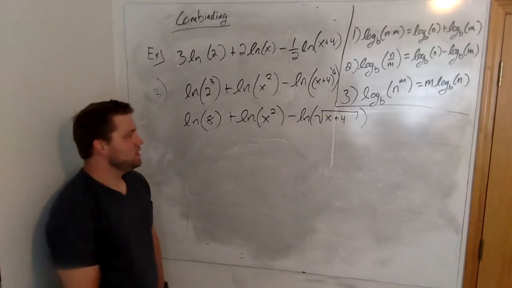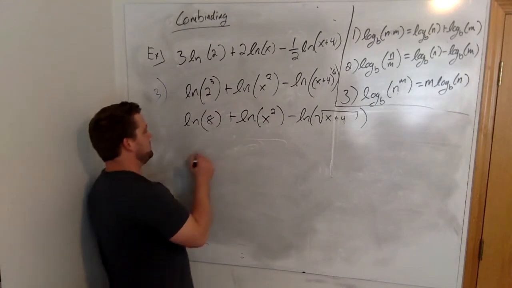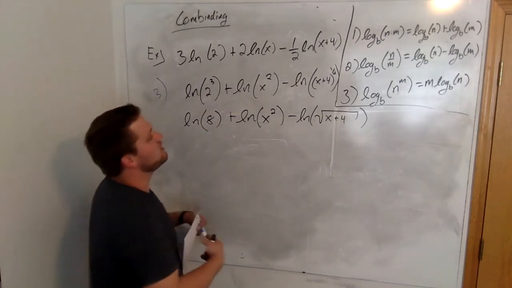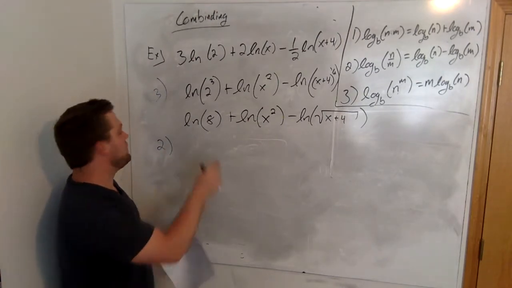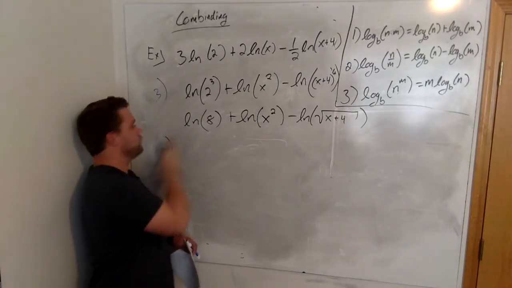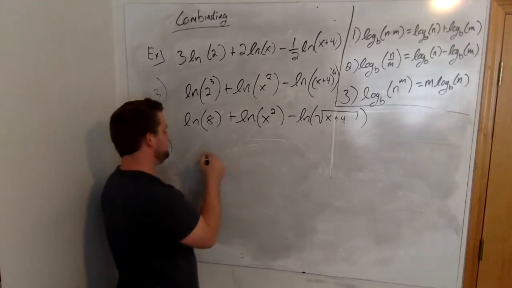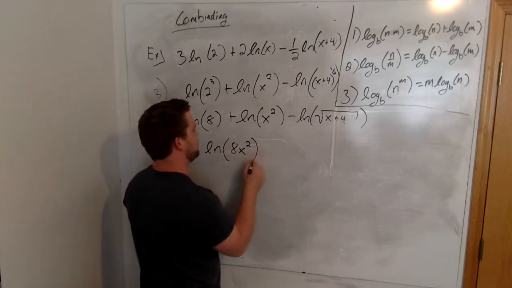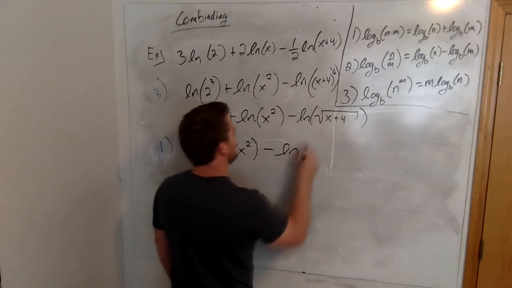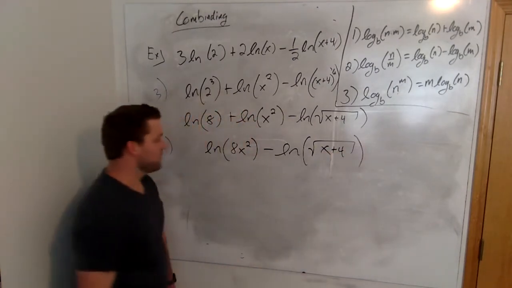From here, I'm just going to work from left to right. Now I can use log rule 1 if we're working from left to right. I can multiply these. So this is the same thing as the natural log of 8 times x squared minus the natural log of the square root of x plus 4.